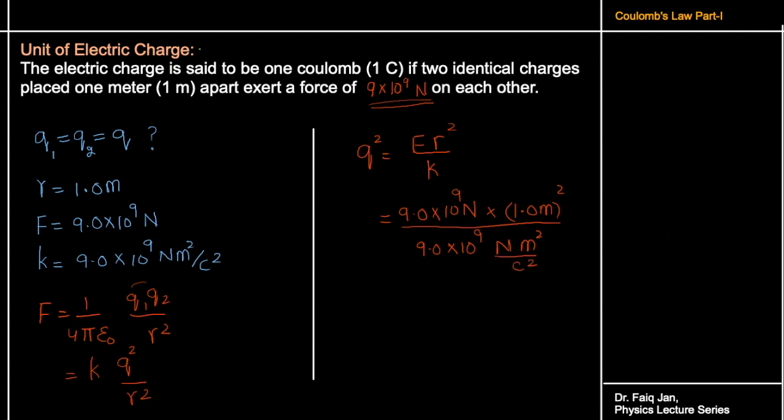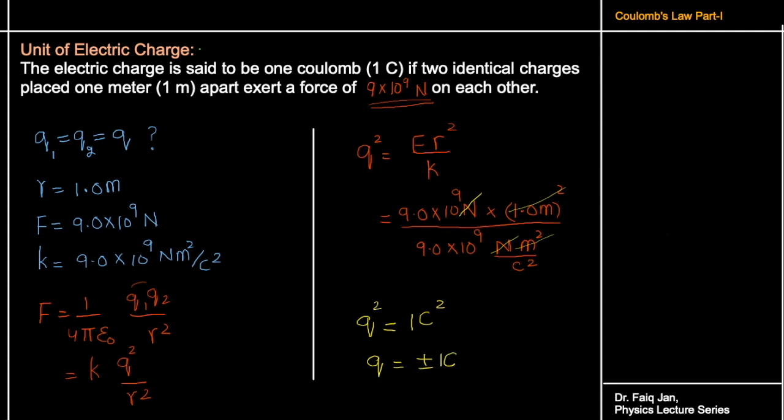So the Newton will cancel out with the Newton, meter square will cancel out with the meter square, and the number 9.0 will also cancel out. So we will get Q square is equal to 1 Coulomb square, or Q will be equal to plus minus 1 Coulomb.